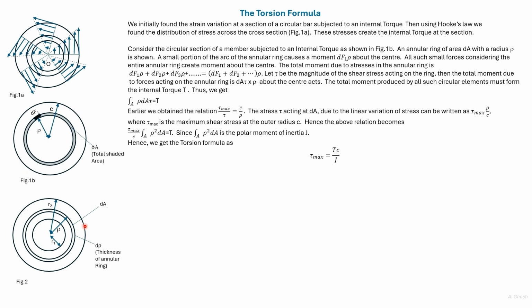Then the moment due to the stresses acting on the annular ring would be dA tau into rho. And also the relationship between the stresses acting on the section and the internal torque would be the same as this expression, except that the area has changed now.